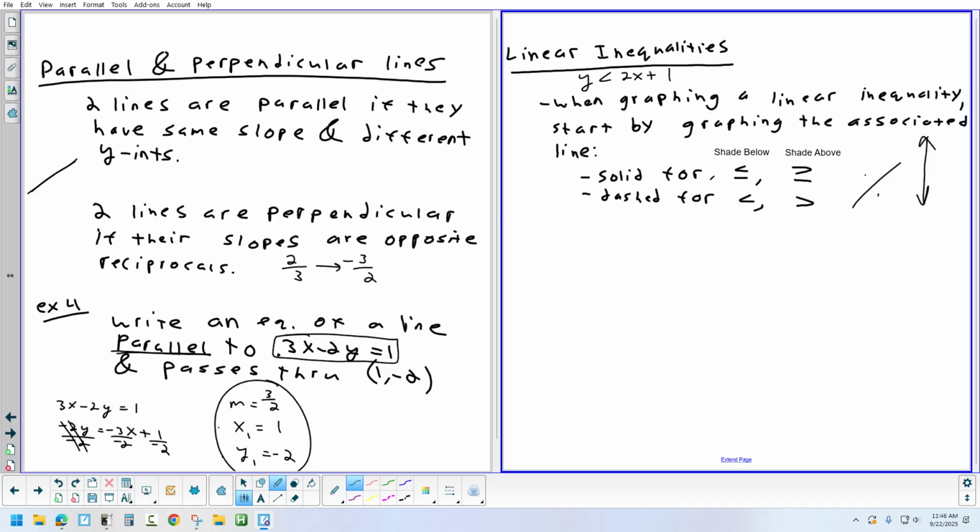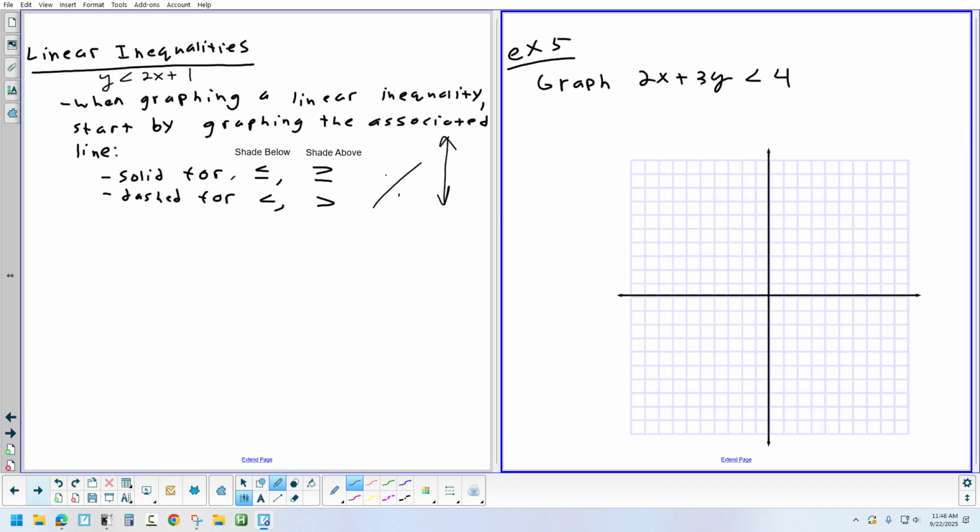All right, so I think I can keep that up and look at our last question. The first thing we need to do is draw our boundary line. What format did we say we usually like a line in if we want to draw it? What's the format that makes it easy to draw a line?